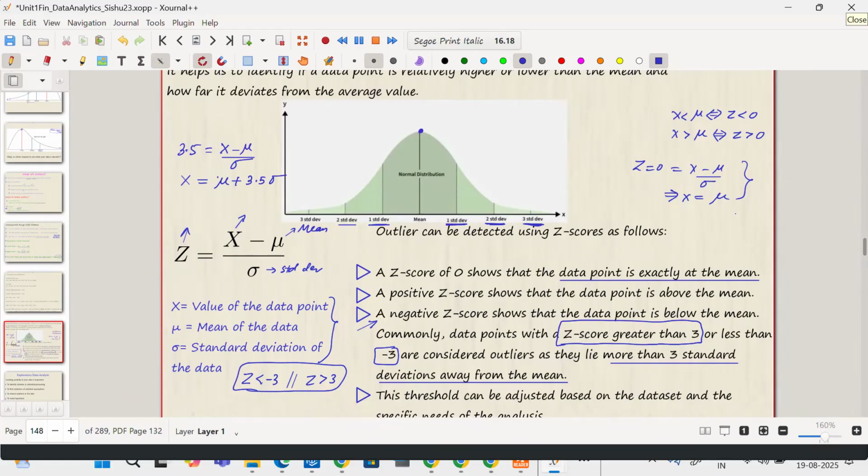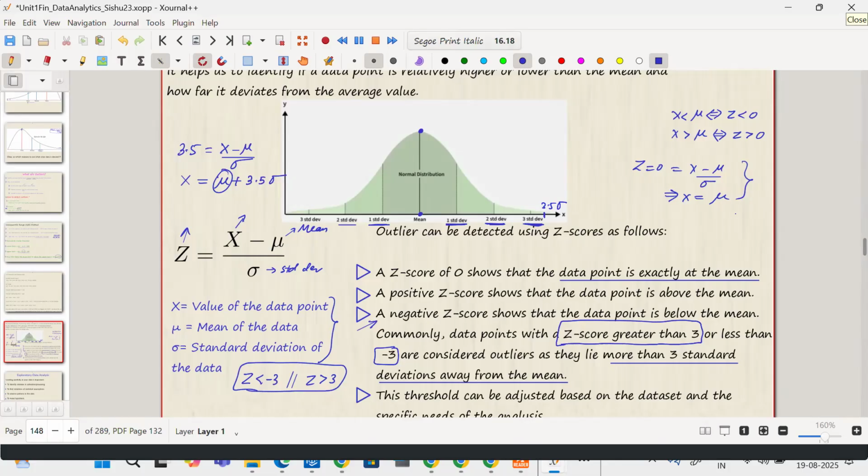It tells you that it is 3.5 times the standard deviation more spread out from the mean. You are adding mu plus something, so it will be here somewhere, at 3.5 sigma. I hope you can relate the wordings to the formula and to the visualization.